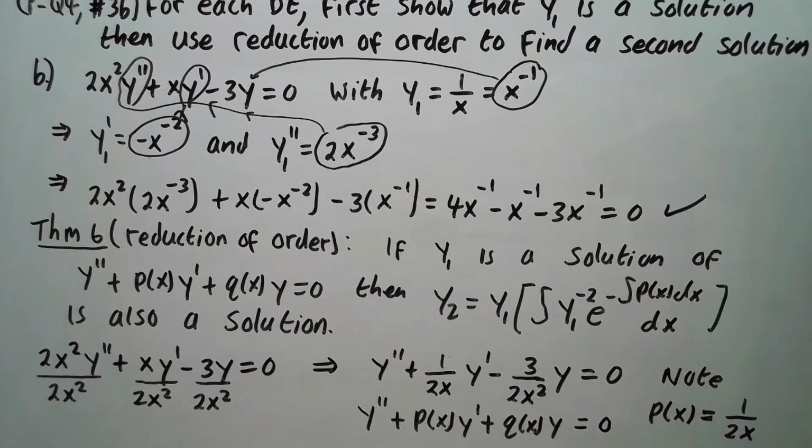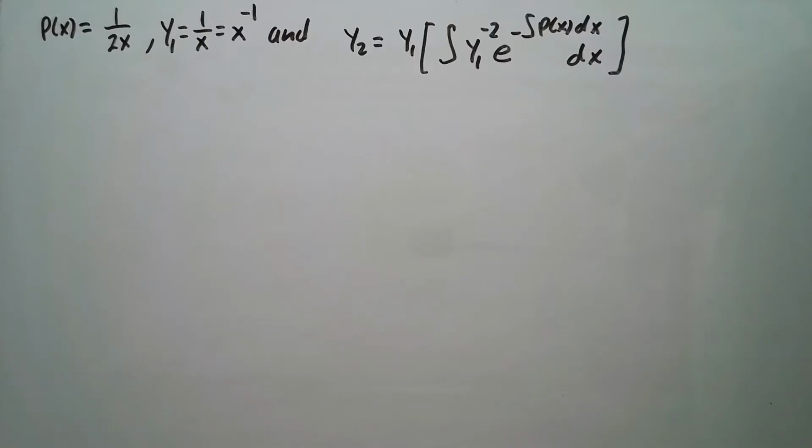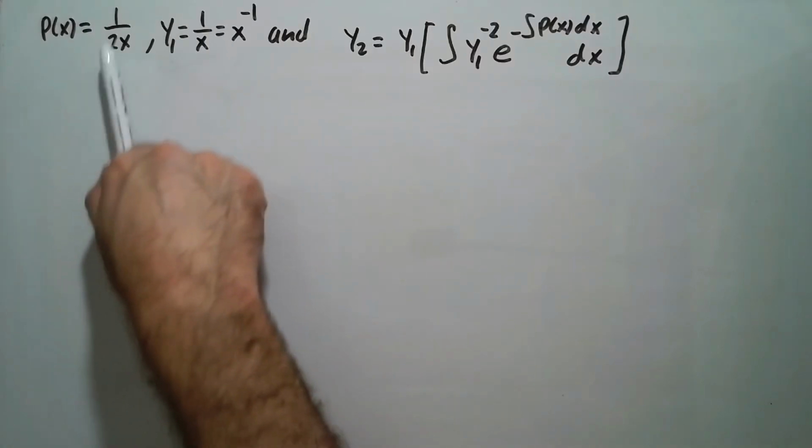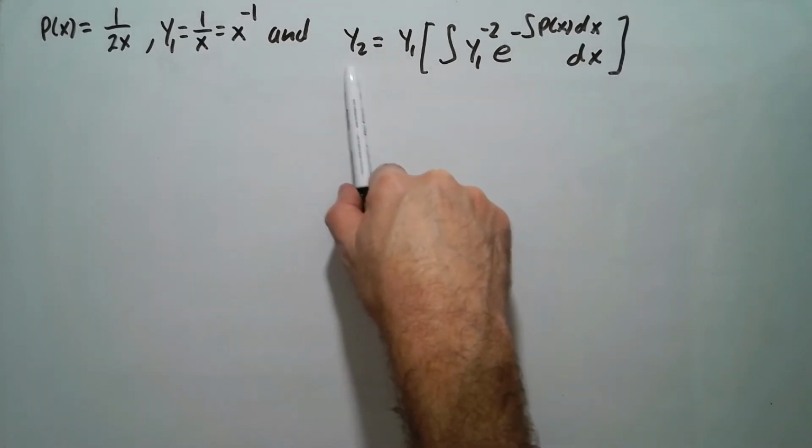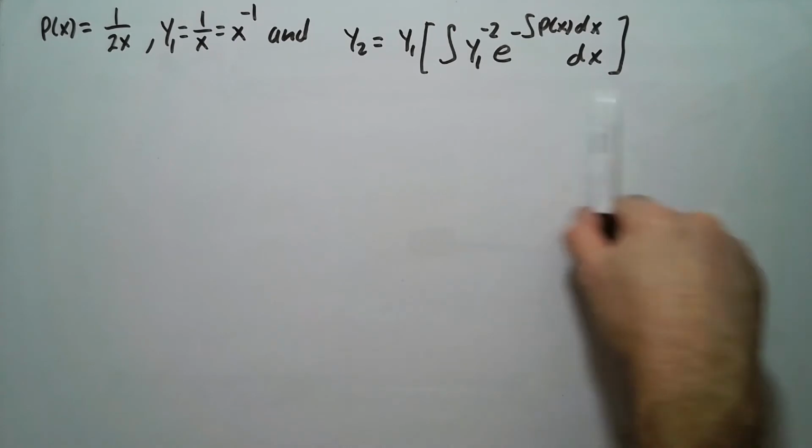Alright, so I'm out of space here, so let me erase a few things and we'll keep going. So summarizing, we have our p of x is 1 over 2x, our y1 is 1 over x, or x to the minus 1, and we can find our y2 by using this formula here.